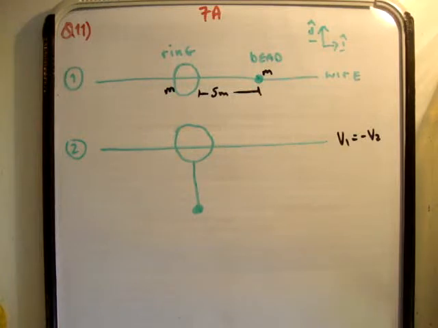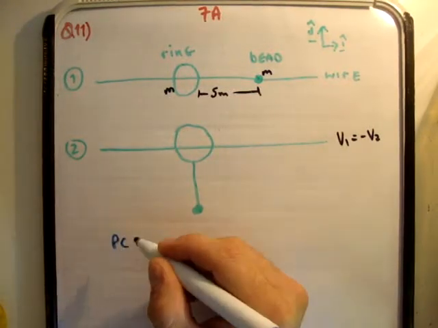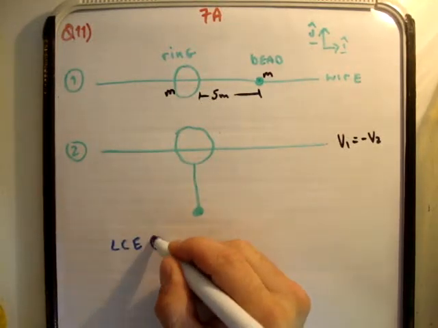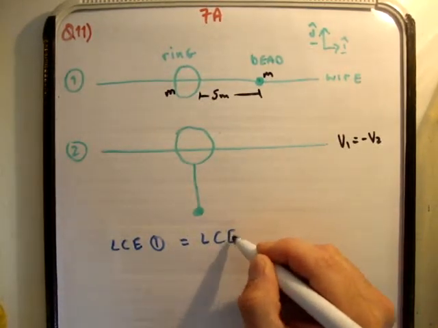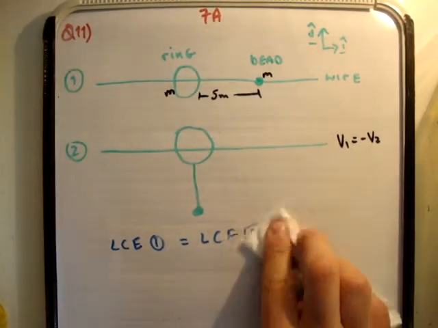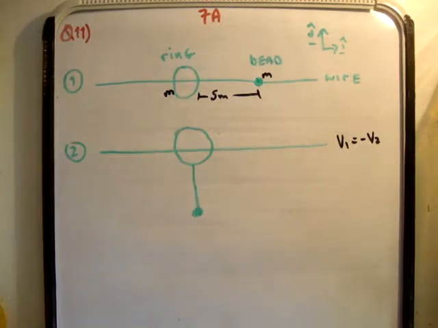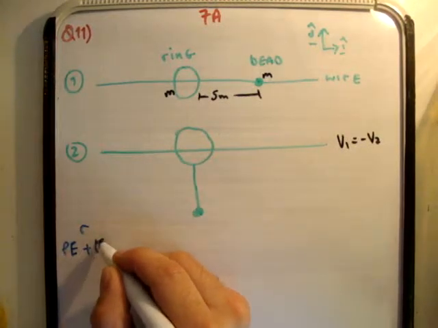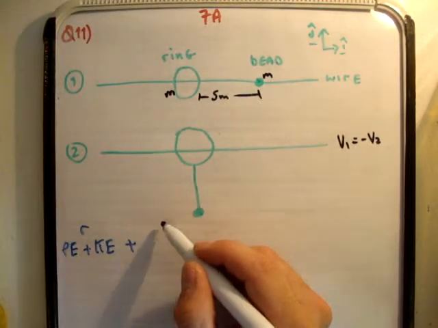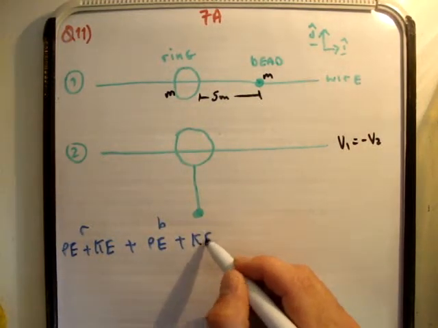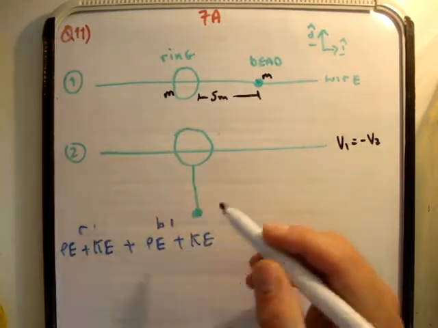So what I'm going to do is as follows. I'm going to have the law of conservation of energy at position 1 equal to the law of conservation of energy at position 2. So we'll say the ring, we have the potential energy plus the kinetic energy, plus the bead, the potential energy plus the kinetic energy, and this is at position 1.